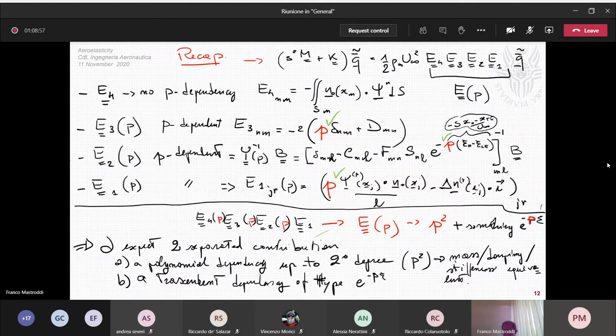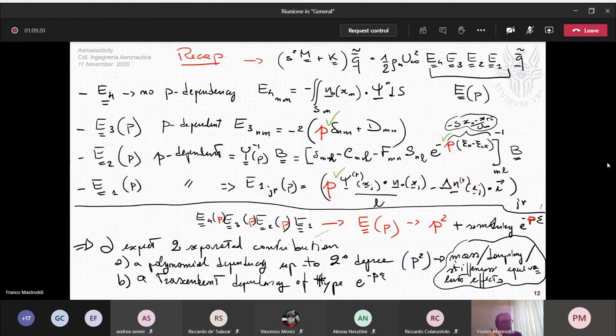Are you engineering or not? I expect by the aerodynamic equivalent mass damping stiffness effect. I expect this. And this is the deep motivation of this expectation.